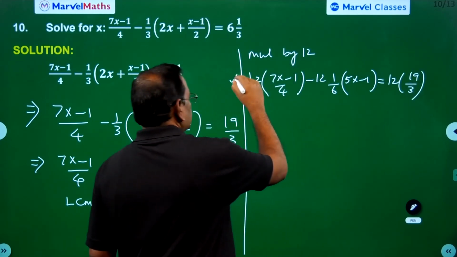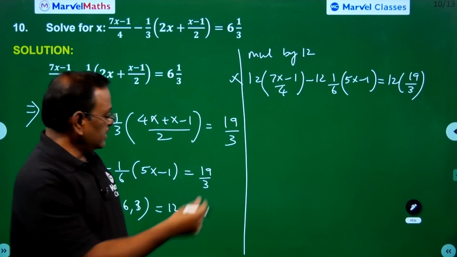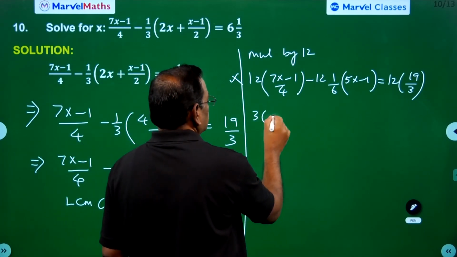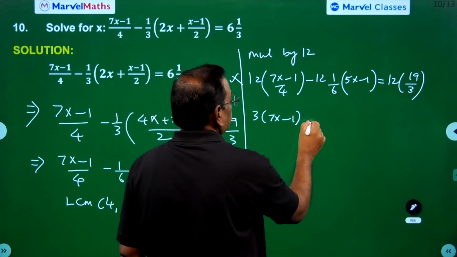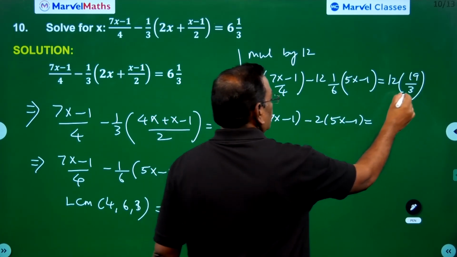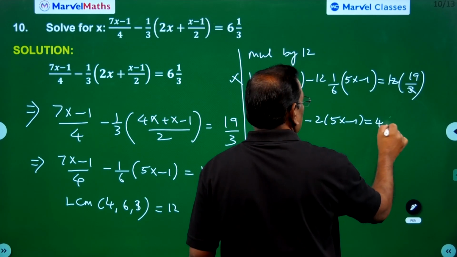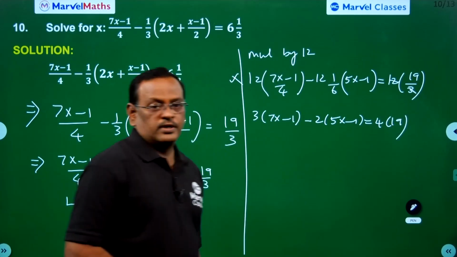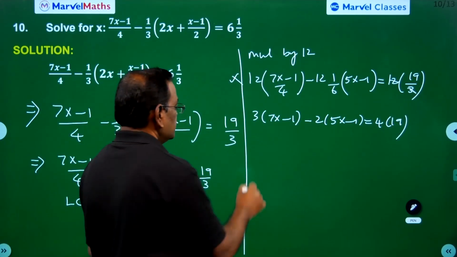In exam you can skip this step. You can directly write the next step. This is 3 times (7x - 1) minus 2 times (5x - 1) equal to, you can cancel, 4 times 19. So how to proceed now?